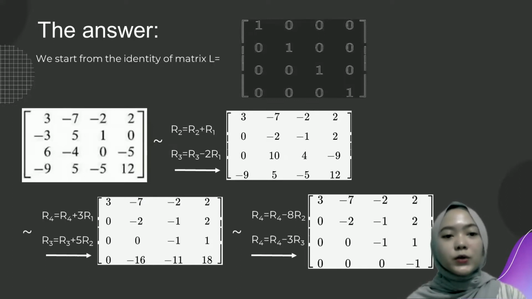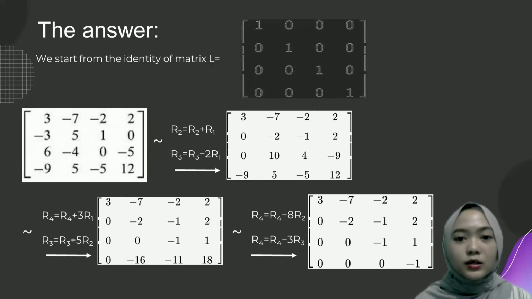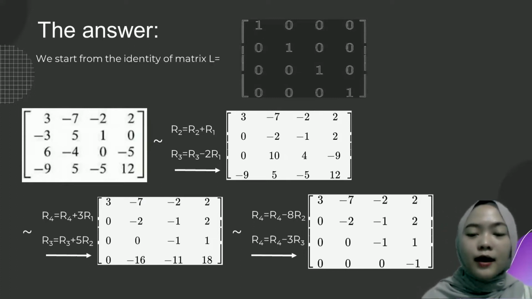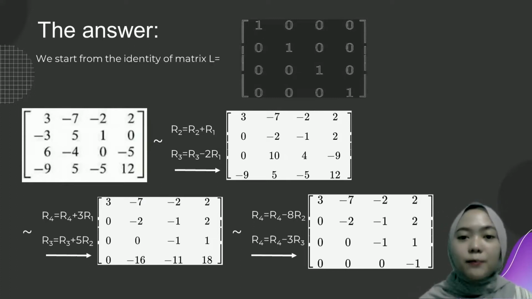We start from the identity matrix L, which has 1 as the main diagonal of the matrix.